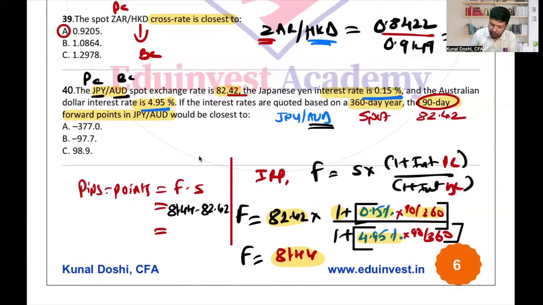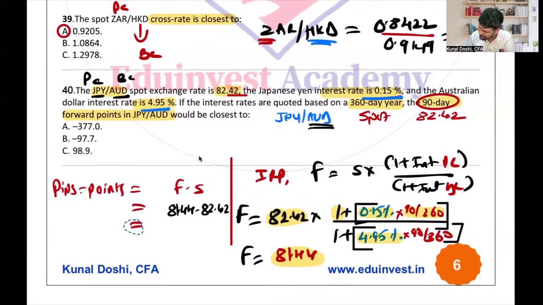Minus 82.42. If you do, see this, you will get the difference, which is minus 0.9770. This is what your answer is, right?